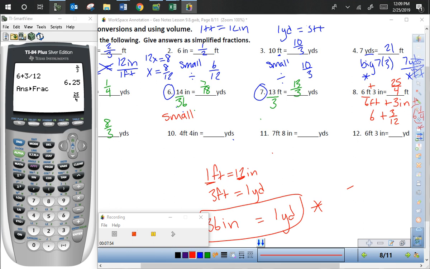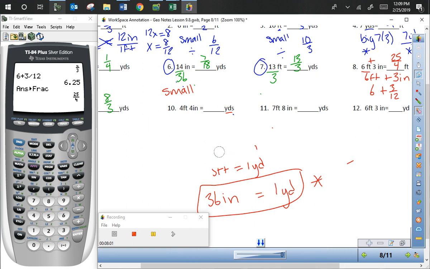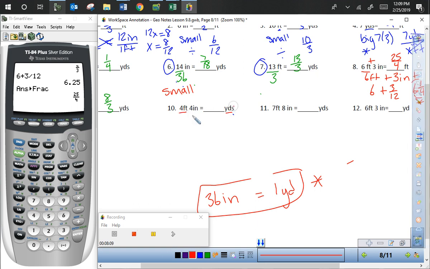So on number 10 here, 4 feet, 4 inches to yards. So this time we have to convert both of these to yards. Feet is smaller than yards, so we're going to divide. There are 3 feet in a yard, so dividing by 3 here. The second piece, we're going inches to yard.